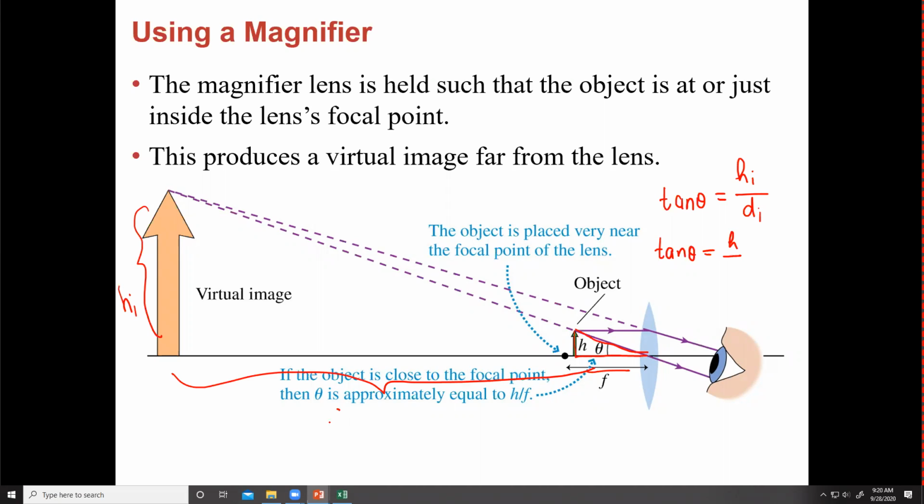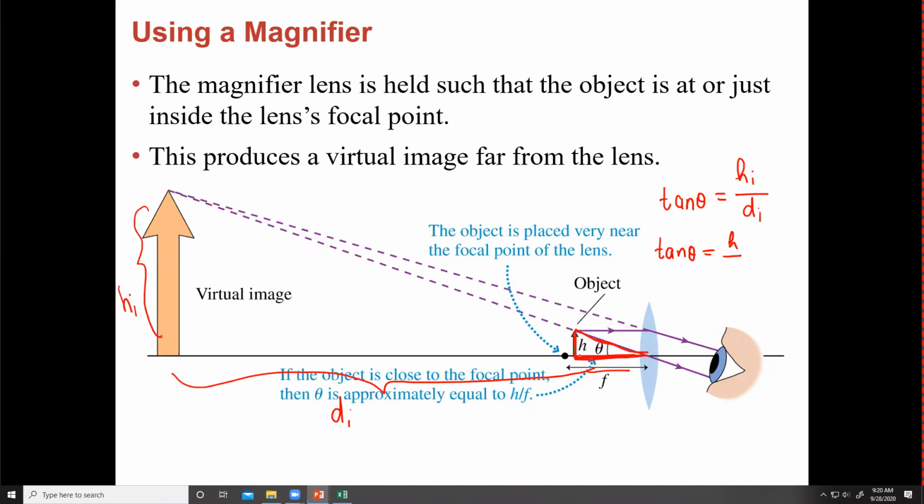But if you use the smaller triangle, then tan theta is given by opposite of that angle, which is h. In this case, h is the height of the object, not image, okay? And then this distance is the base, okay?